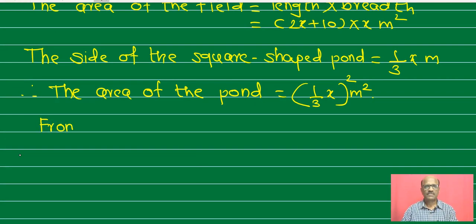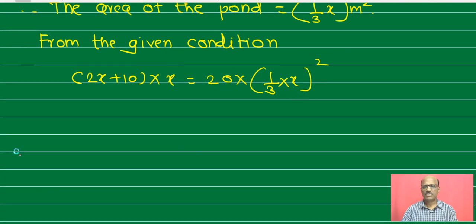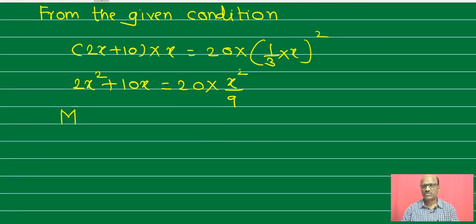Therefore, from the given condition, that is 2x plus 10 into x, that is length into breadth is equals to 20 times the area of the pond, that is 20 into in bracket 1 upon 3x bracket square, and here is a normal multiplication: 2x square plus 10x, 20 into x square upon 9.